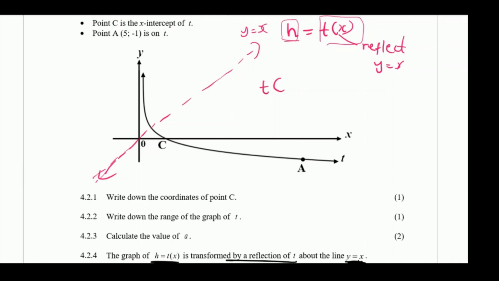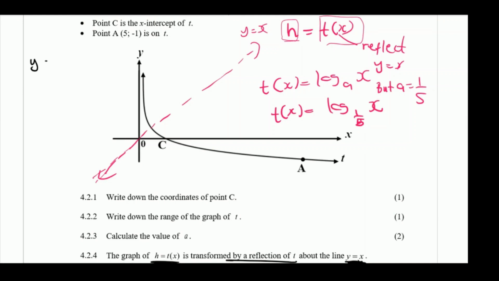So we know that t of x is equal to log base a of x, of which we found a was equal to 1 over 5. We just calculated it. So our t of x is equal to log base 1 over 5 of x. If you write it properly, you're going to say y is equal to log base 1 over 5 of x. But because we want to find the inverse of this, the inverse is the exponential equation.